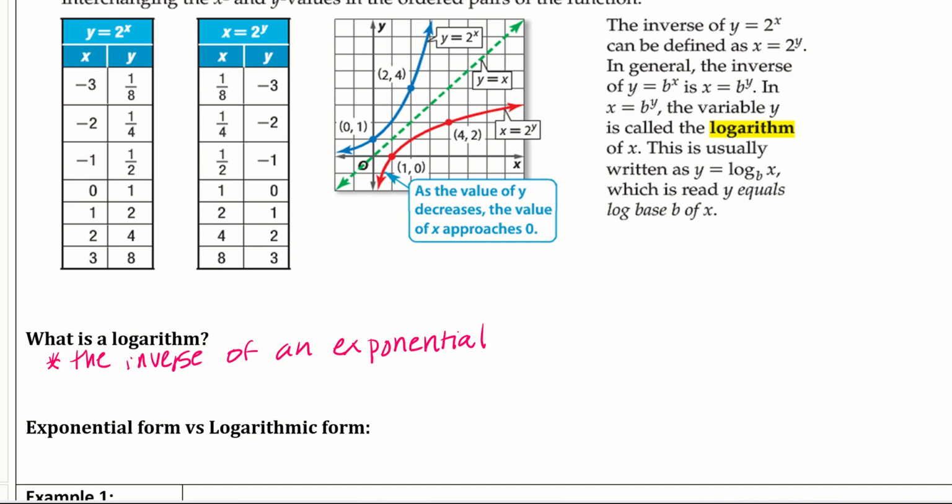What you need to understand is that the answer to a logarithm is an exponent. So what we're looking for today is the exponent. We know the base and we know the answer, but we're trying to find the exponent.